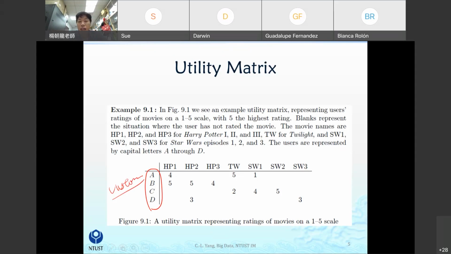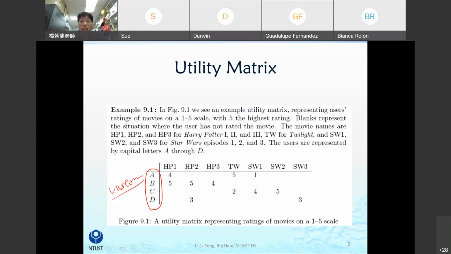And here are 7 different movies. HP is Harry Potter 1, Harry Potter 2. I didn't watch all of those movies, but there's Twilight, and maybe Star Wars, different movies.